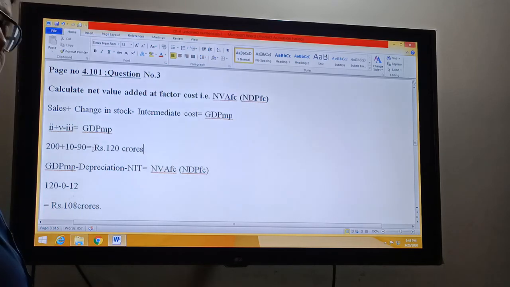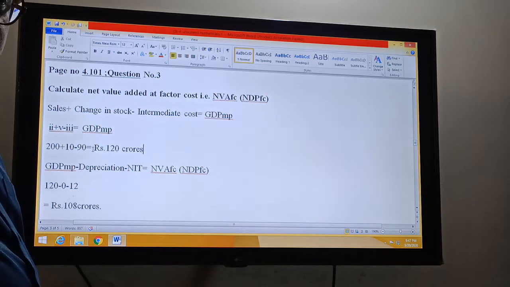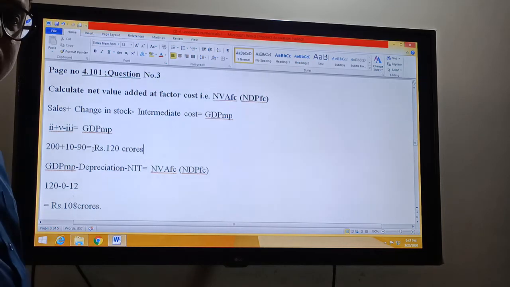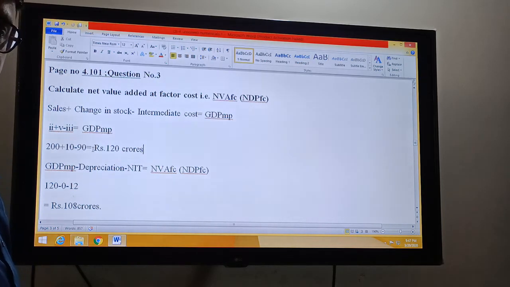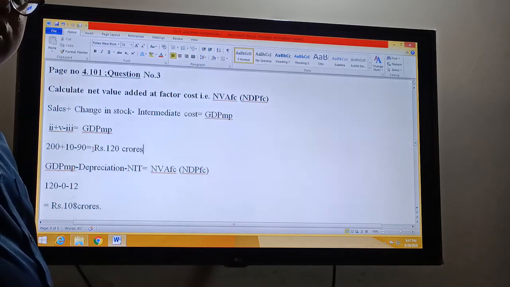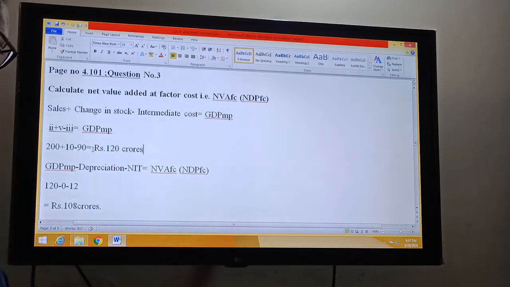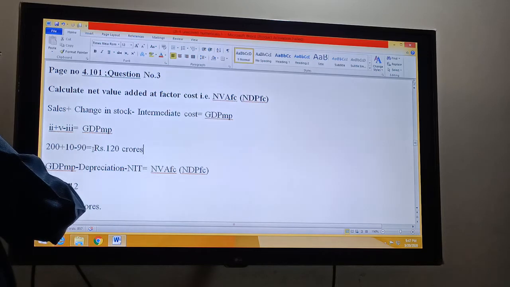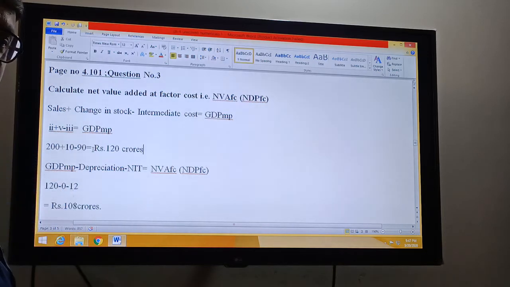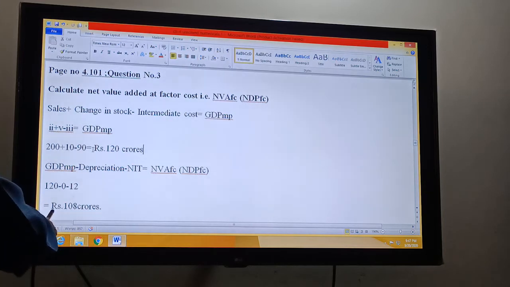Now one item is given here, GST. GST is a component of IT, so we'll take only IT, not GST, because in IT GST is already included. So 120 minus 0 minus 12, that is equal to 108. That is your final answer, and you will mention the units also. Rupees 108 crore.